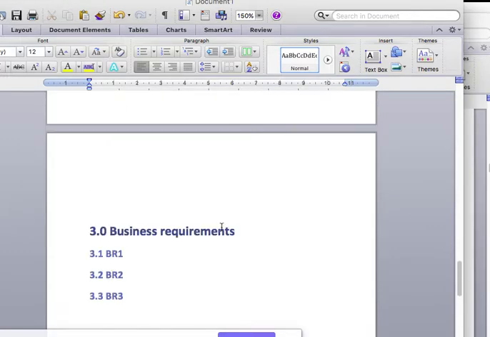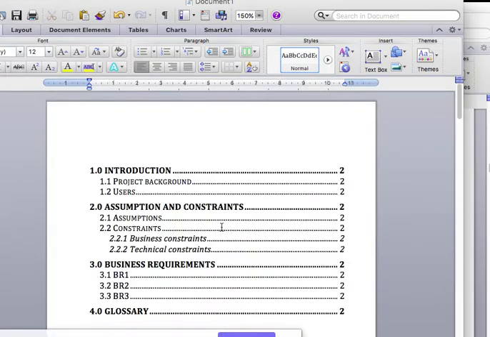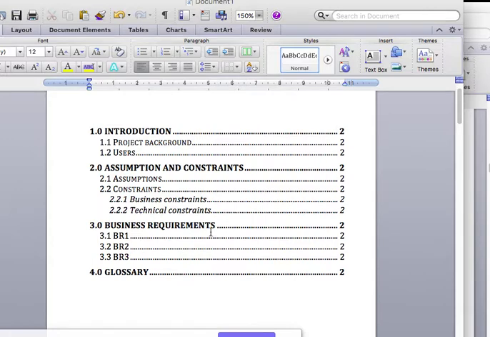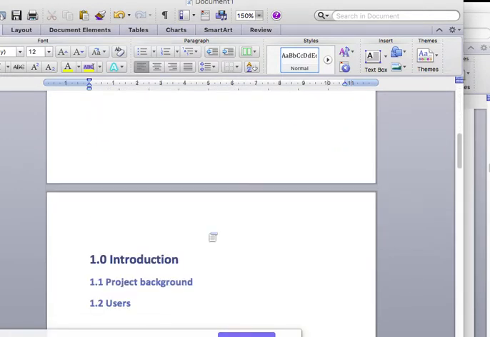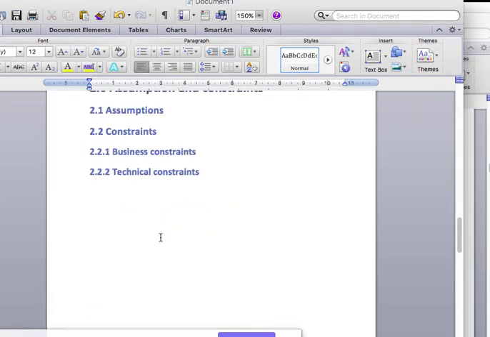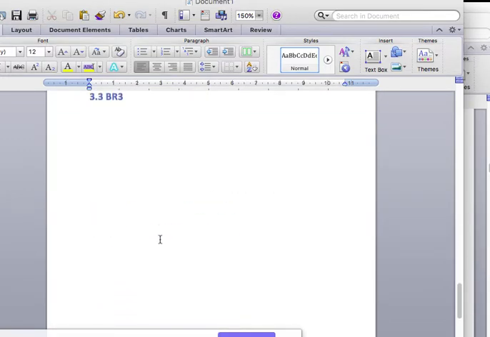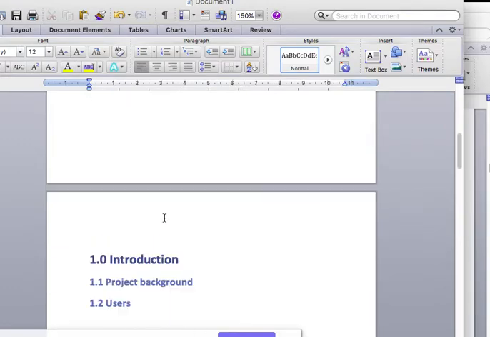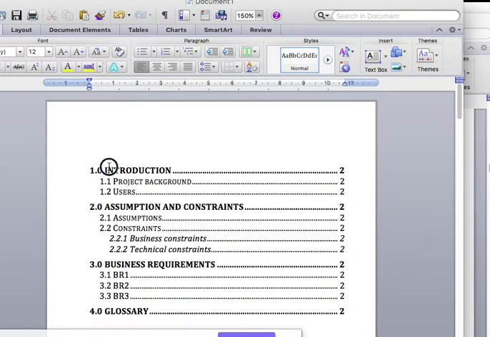Now if you see, the table of contents has not changed yet, but the information is on page 2, page 3, page 4, and page 5. So we go back to the table of contents, and you can simply highlight them.